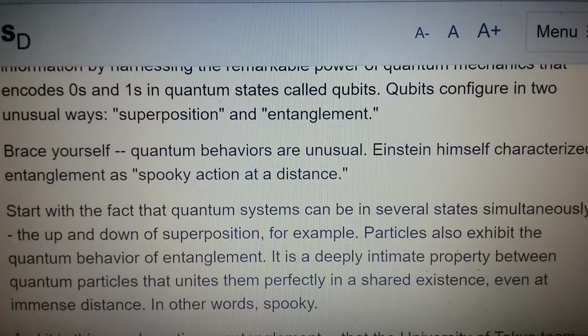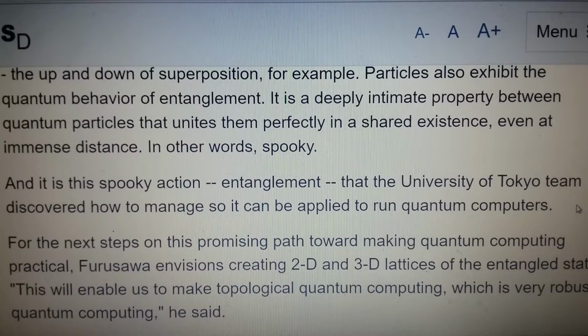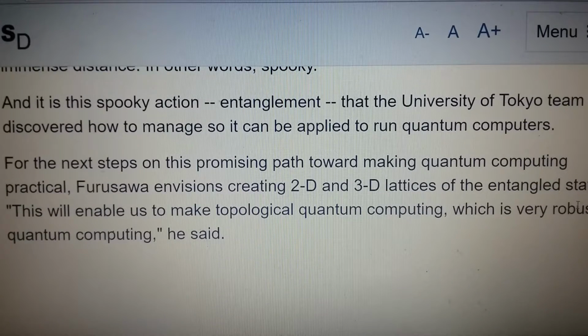It is a deeply intimate property between quantum particles that unites them perfectly in a shared existence, even at immense distance, in other words, spooky. And it is this spooky action, entanglement, that the University of Tokyo team discovered how to manage so it can be applied to run quantum computers.